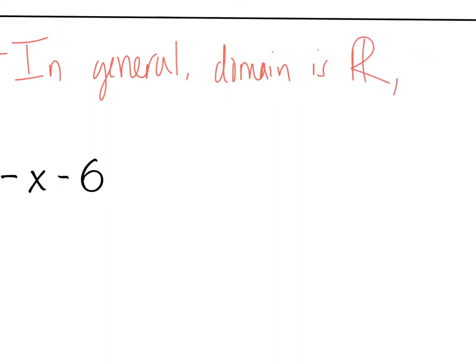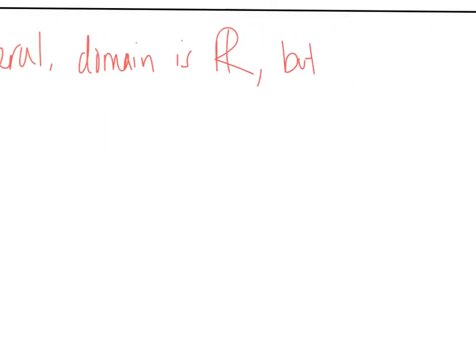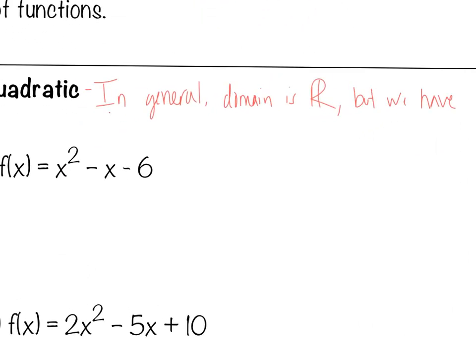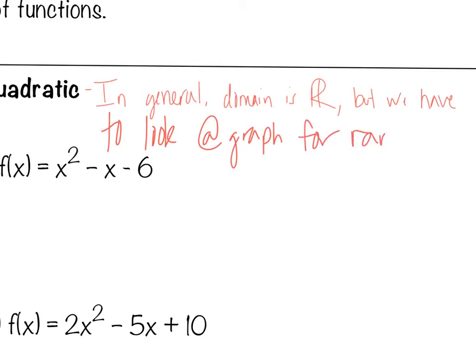But we have to look at the graph for range. So this one's a little bit more complicated now. In general, the domain for quadratics is going to be all real numbers, because the U shape does go left to right in all directions, but if you look at the height of a quadratic, it does not.